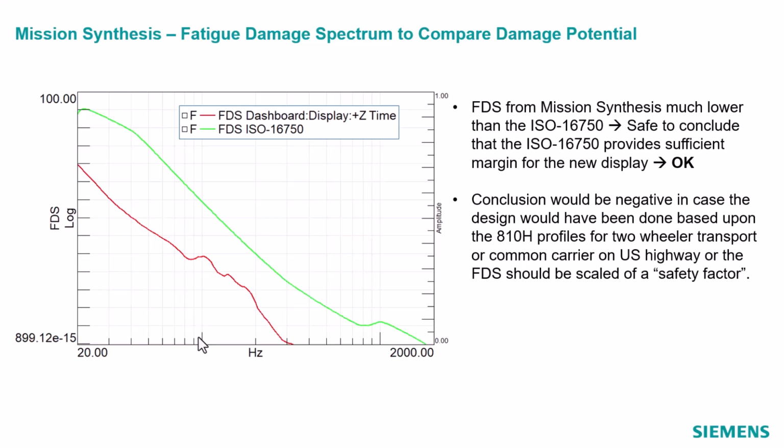What I can conclude here is that the damage potential of this ISO test is much higher than the damage potential from my field data, and that might be good if I am aiming for a very conservative design approach, or I might want to consider testing my part with a less severe PSD, in that perhaps I'm introducing some failure mechanisms that my part would not normally see in the field because of how aggressively I'm testing it on the shaker table.